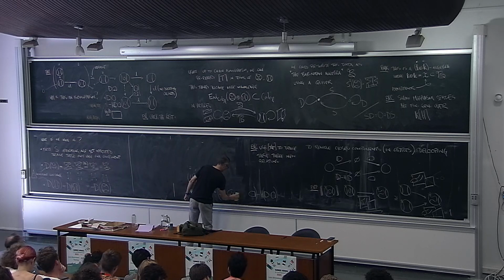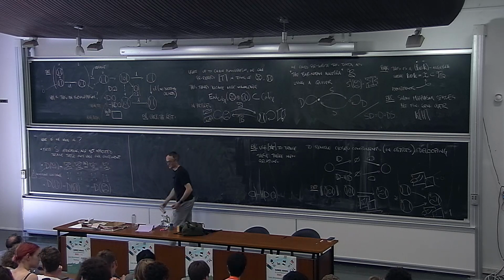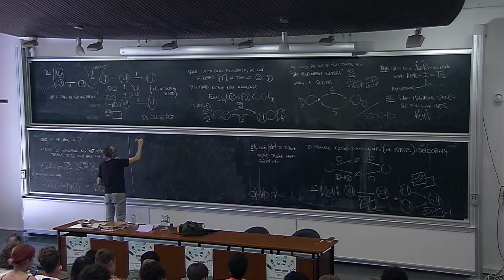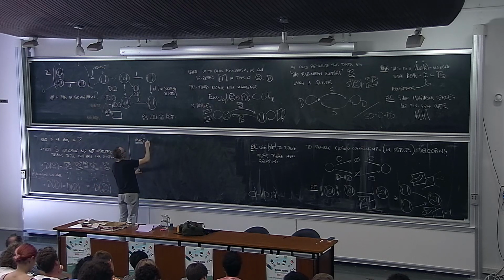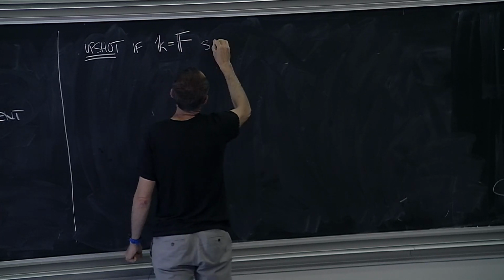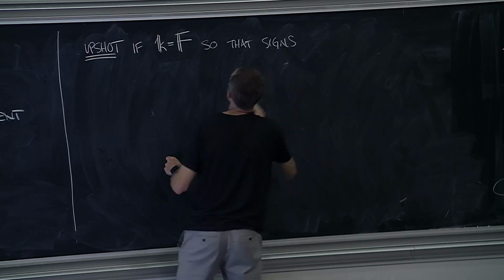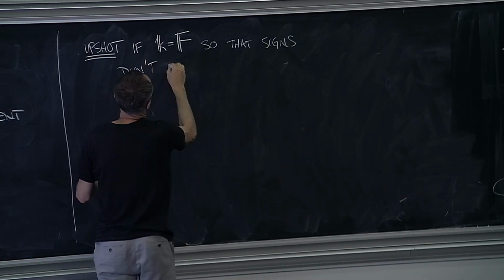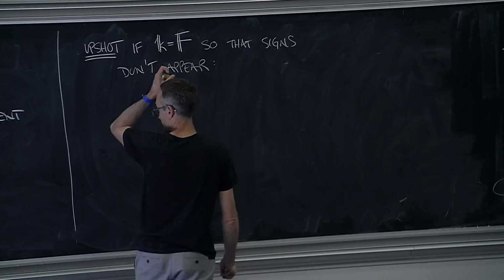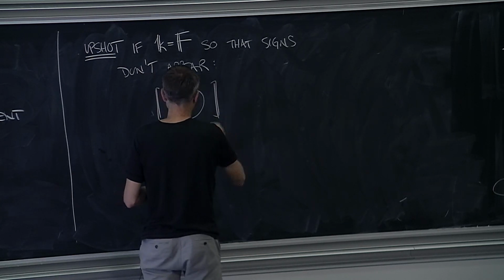So I think this is where we're going to get to. The upshot is that if K is replaced by the field of two elements, so that signs don't appear, well, what this tells you is that it doesn't matter which endpoint you choose.